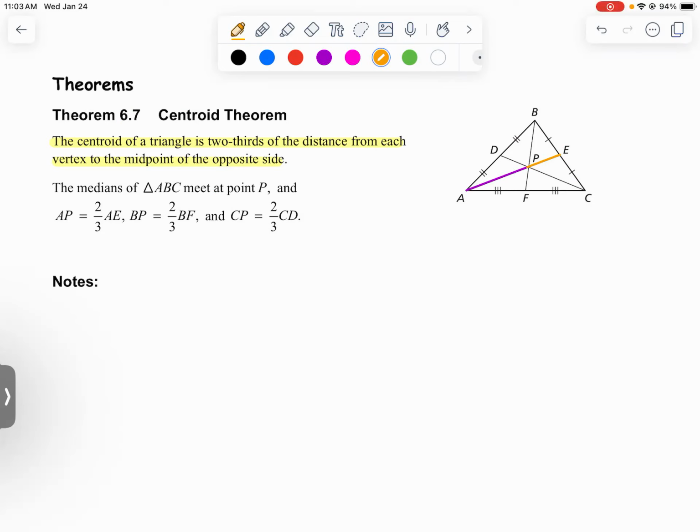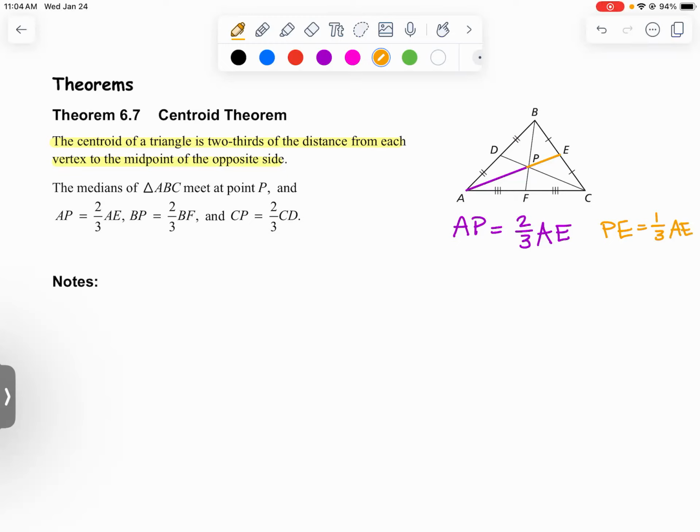So if we were given the number for AP, this is 2/3, this is 1/3. It's true for every single median that we have. I'm going to write this: AP is 2/3 of AE, and PE is 1/3 of AE.